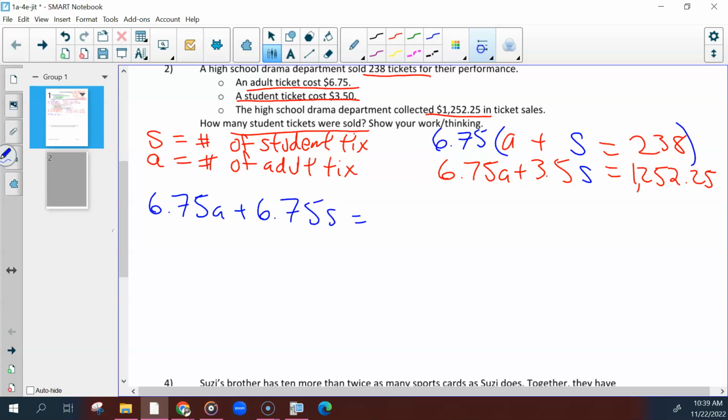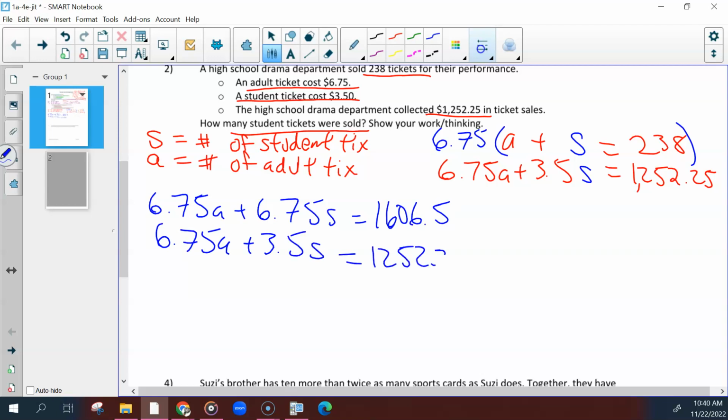That is 238 times 6.75. Then if we're trying to get rid of A, we could subtract both of these.